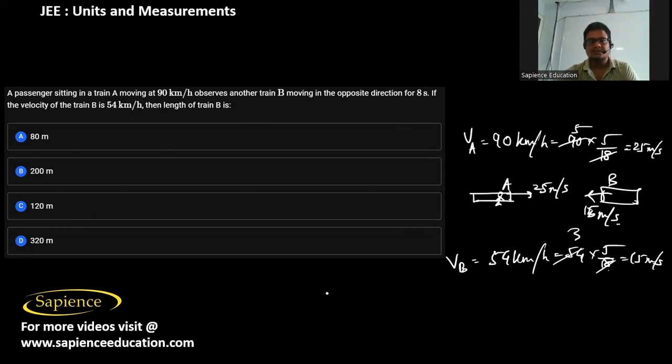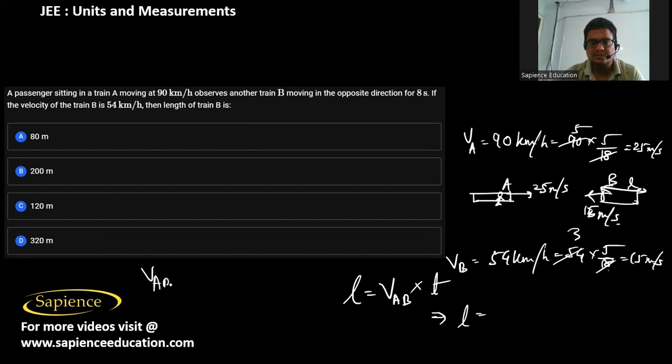So if the length of the train B is equal to, suppose, L, then this L will be equal to the speed of the train A with respect to the train B into the time interval for which the passenger can observe the train B. So we have to find VAB.